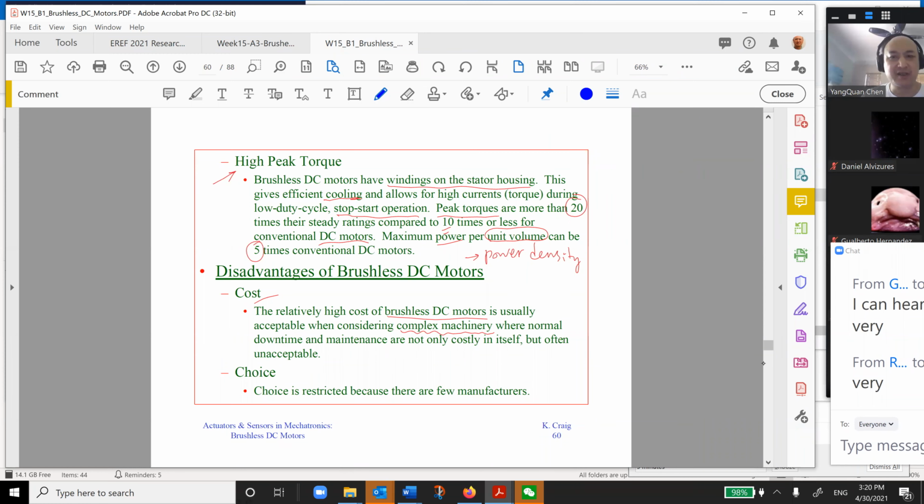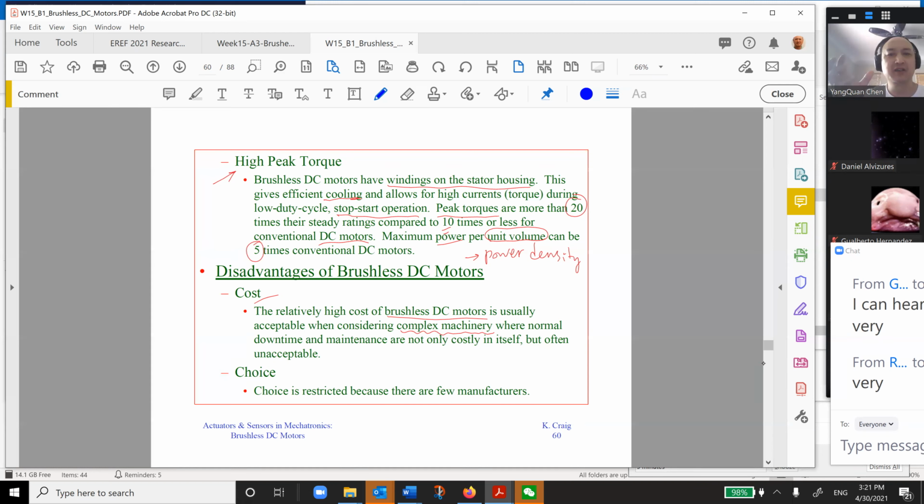Another characteristic is called peak torque. So sometimes, especially in a drone, you need a lot of throttle to move away from obstacles. So you need the big torque. So the brushless DC motor has the windings on the stator housing, so the moving part can be lightweight.